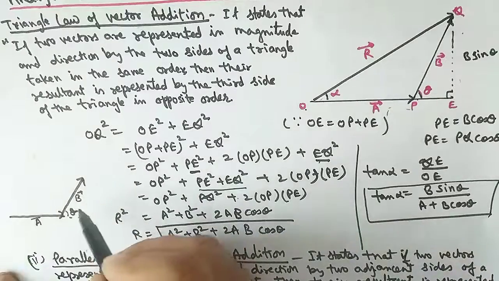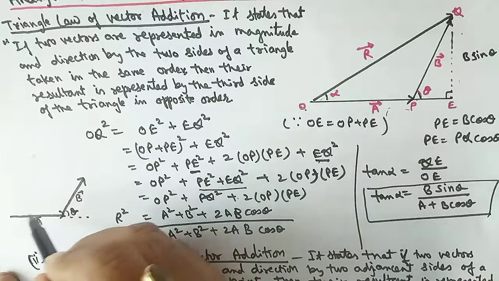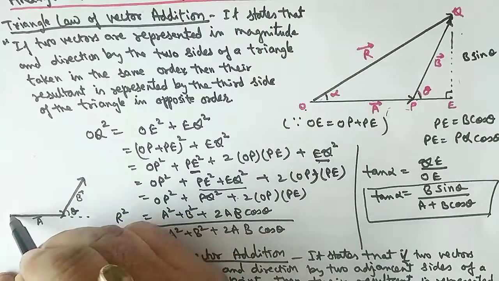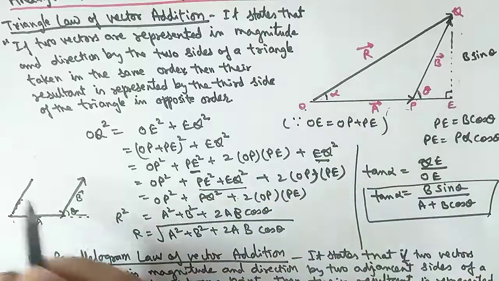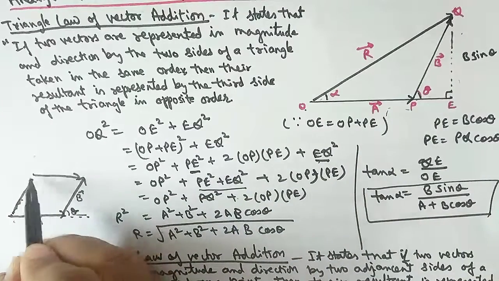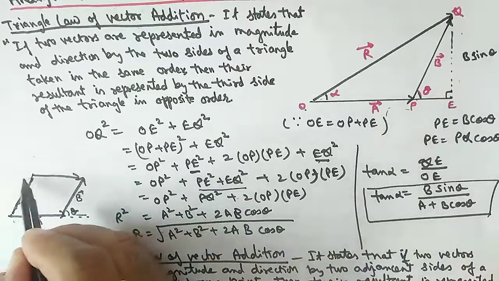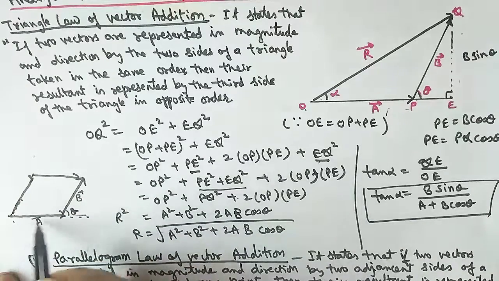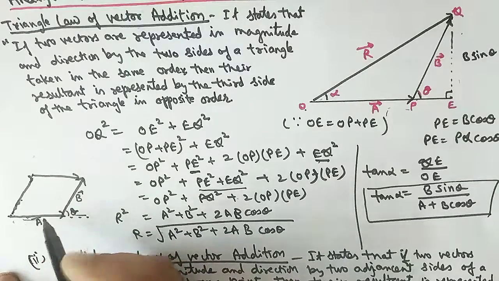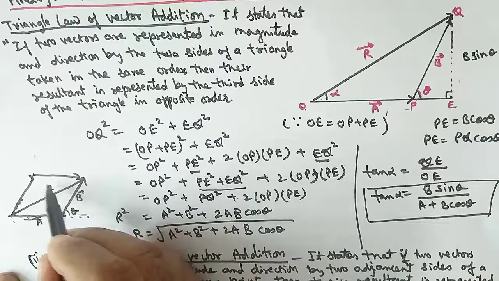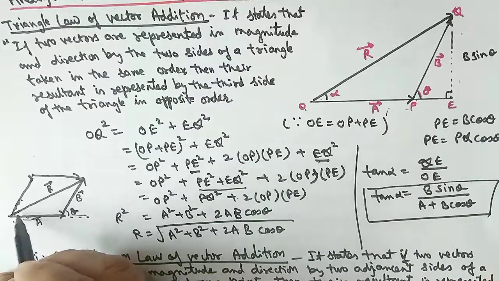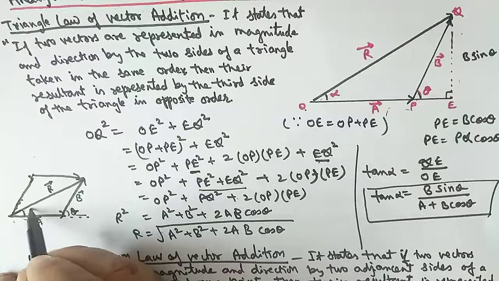If we draw a parallel line here, and parallel here, then these two vectors are the two adjacent sides of a parallelogram, and the resultant is the diagonal, say alpha.